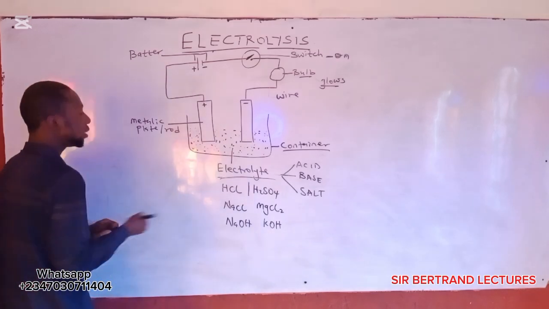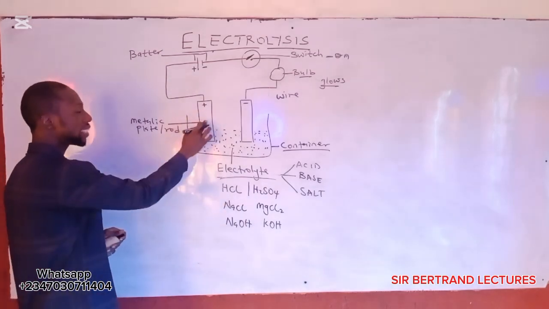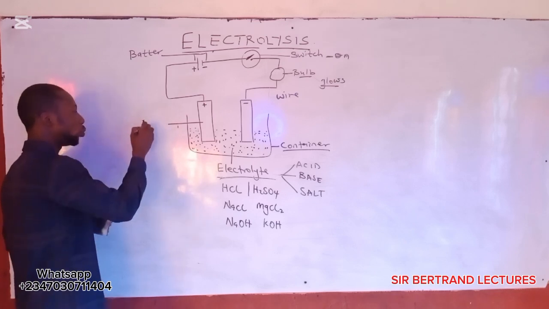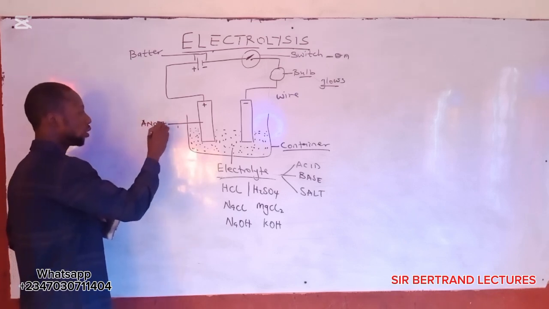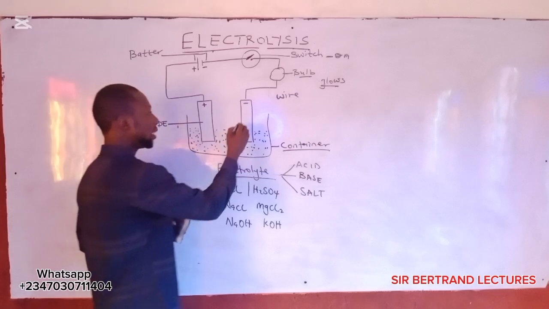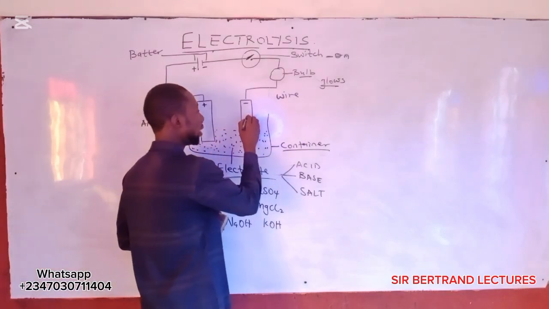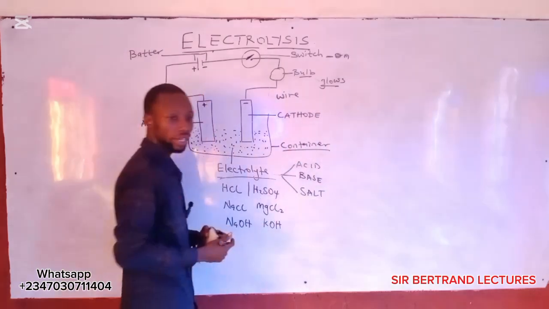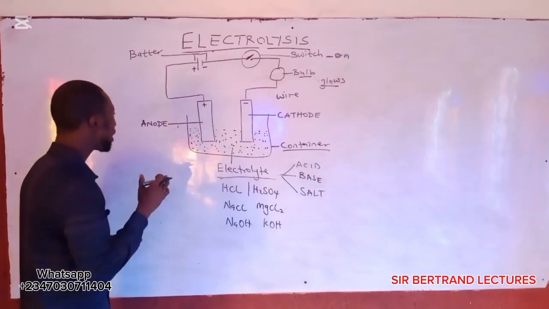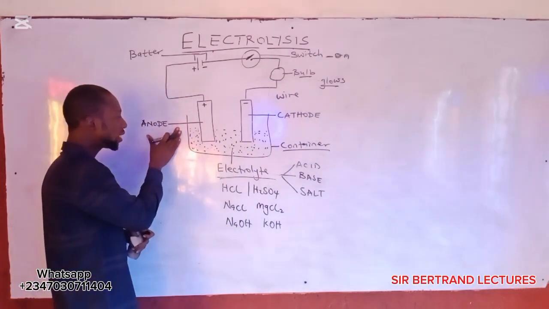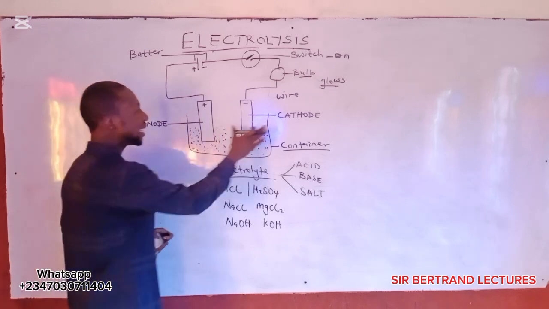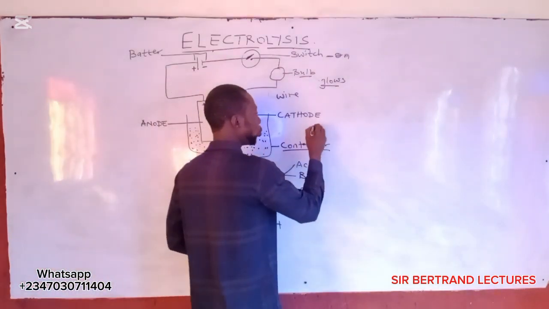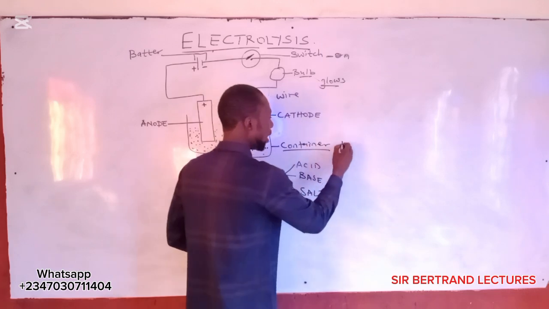Now this metallic rod that is positive is called an anode. Look at the name here on the board, anode. Then the negative metallic rod here is known as cathode. But don't forget that the positive metallic rod and the negative metallic rod, two of them are known as electrodes.